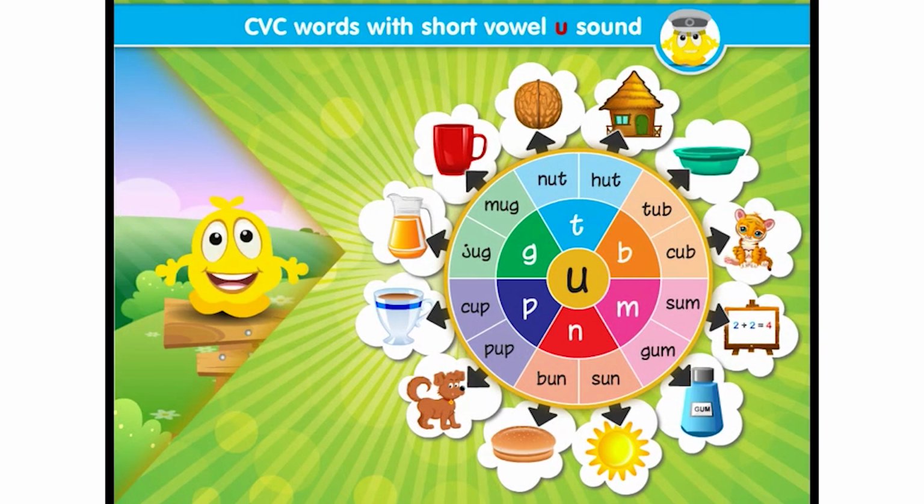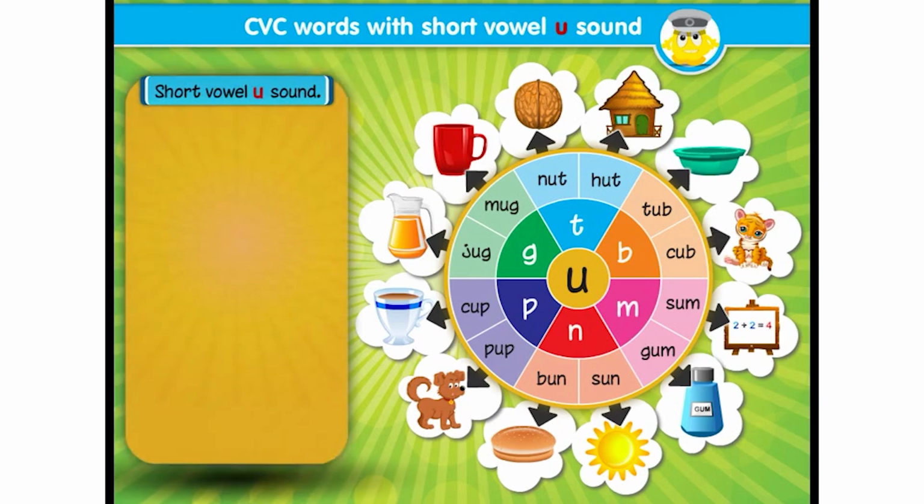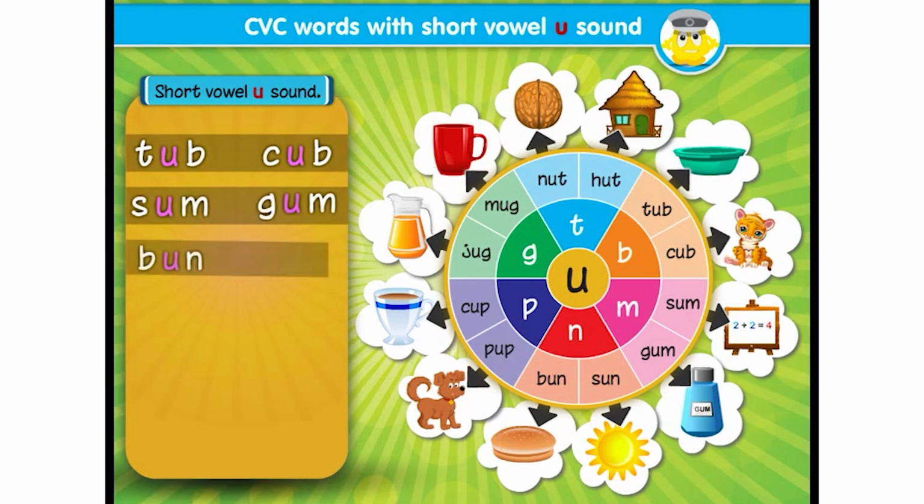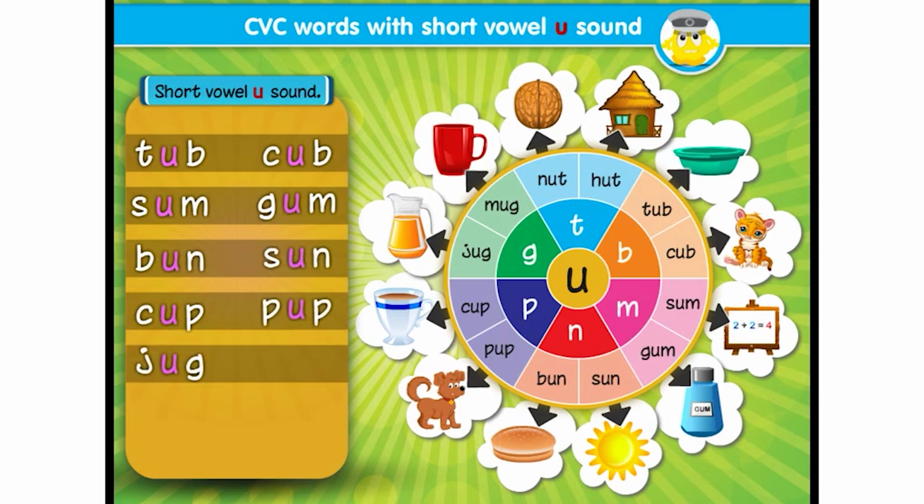So here, the vowel is pronounced a little faster, so it is called short vowel sound. Let's recall the words with short vowel U sound. Tub, cub, some, gum, bun, sun, cup, pup, jug, mug, hut, nut.